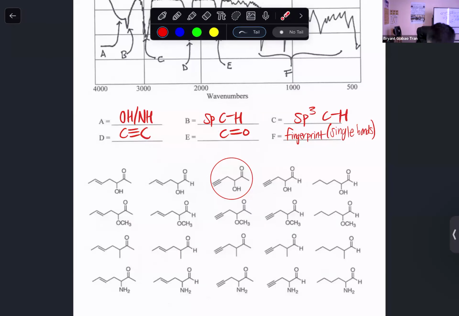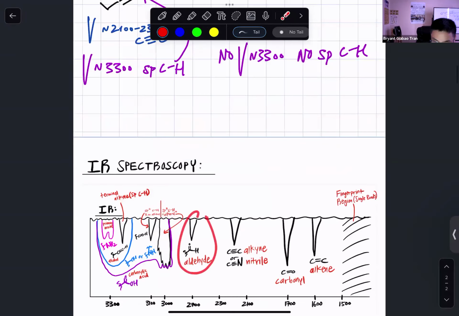Other structures here are wrong because they are either missing a functional group or they added an extra functional group that was not present. For example, this compound here had an aldehyde, and looking at that chart, where would you expect the aldehyde peak to be in the IR graph from this structure? Around 2700.